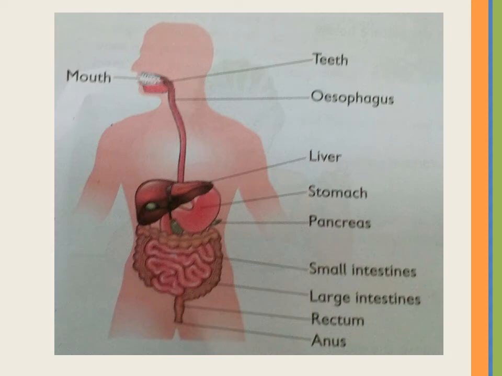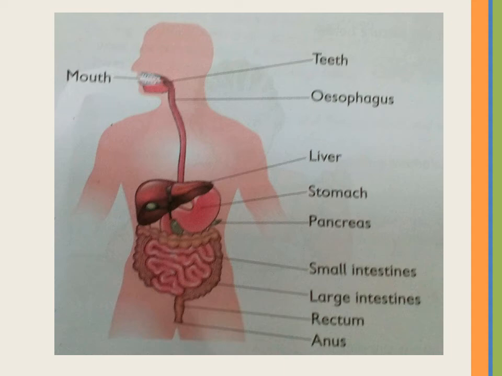Foods like glucose, alcohol, vitamins, and some medicinal drugs are absorbed directly in the stomach. I repeat, foods like glucose, alcohol, vitamins, and some medicinal drugs are absorbed directly in the stomach.